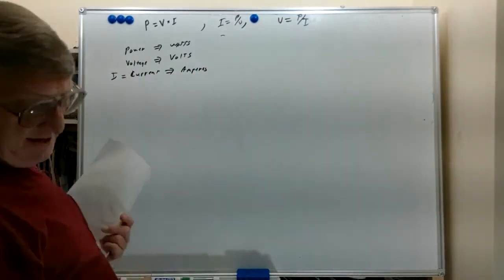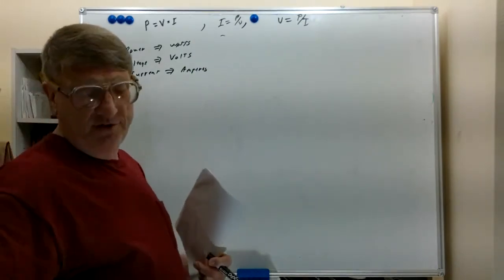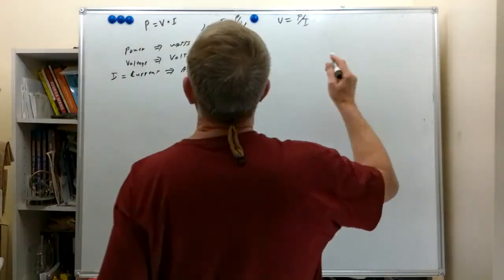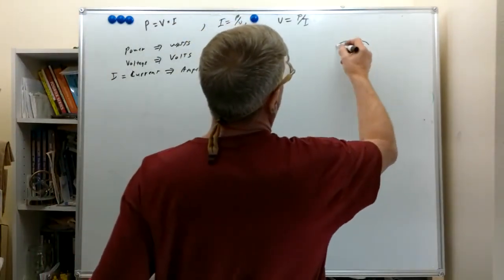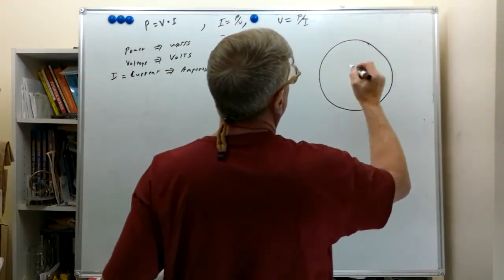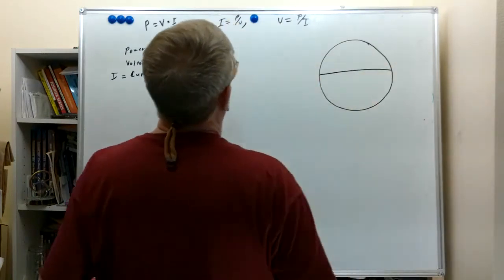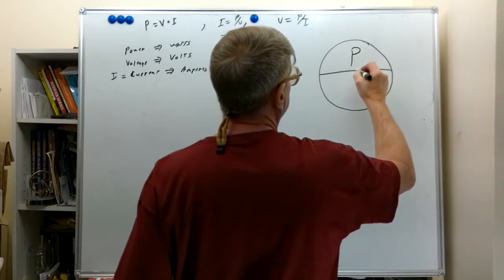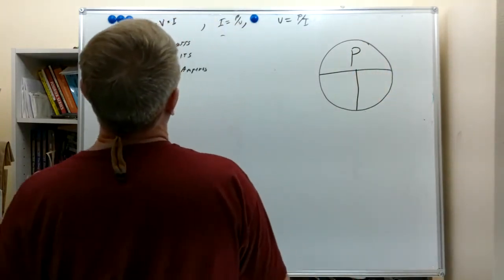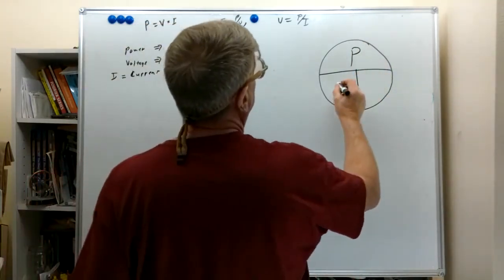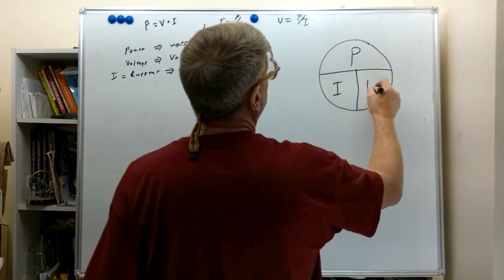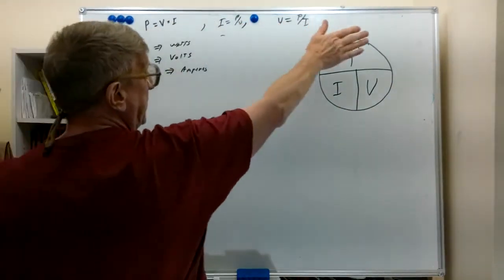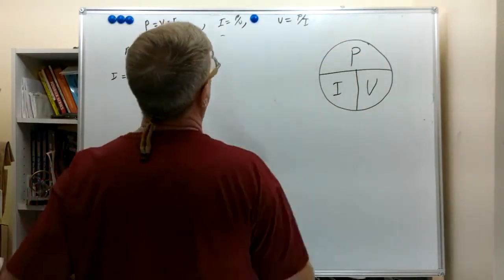Now we can do the same sort of memory aid with this set of formulas that we did for Ohm's law. These are our power formulas. We can draw a circle like we did before. And we can see that our power is always on the top. And we're going to put current and voltage. So if we wanted to solve for power, we cover up the P, current times voltage.